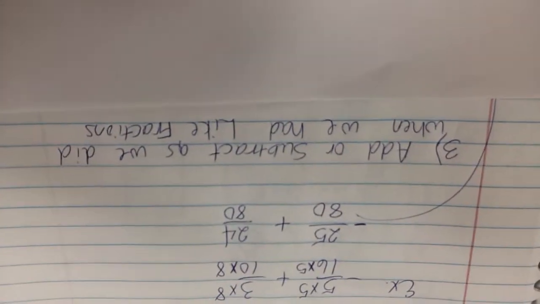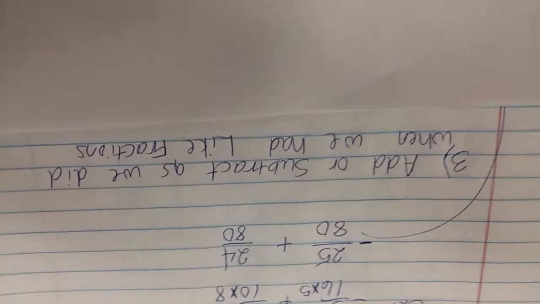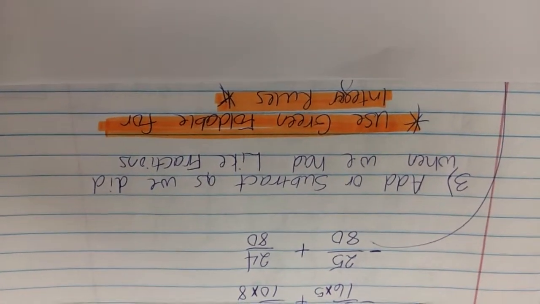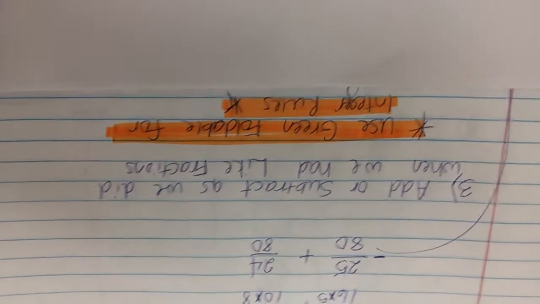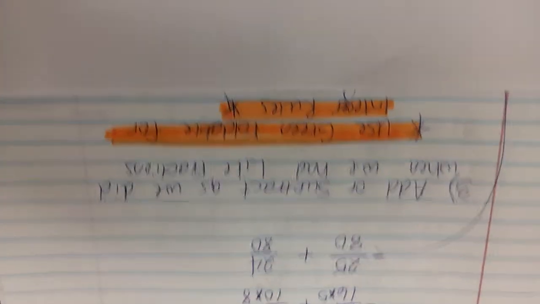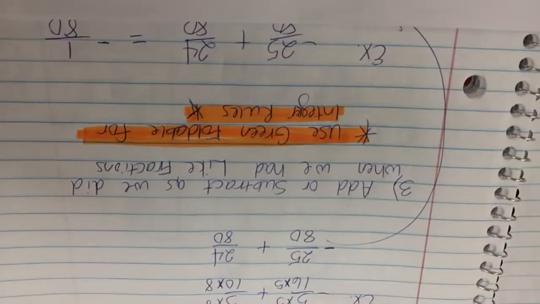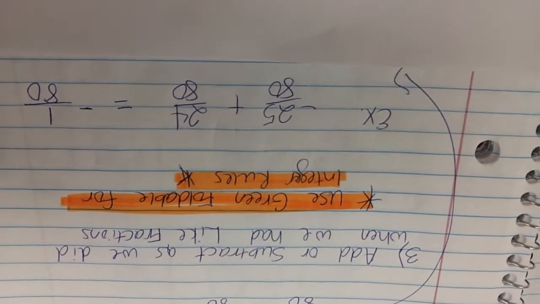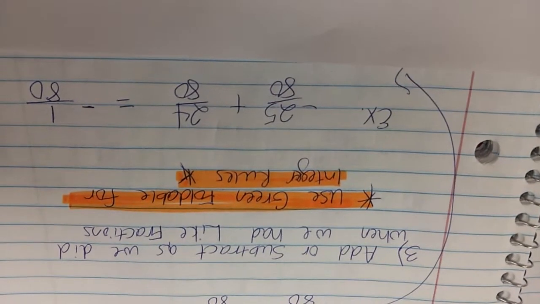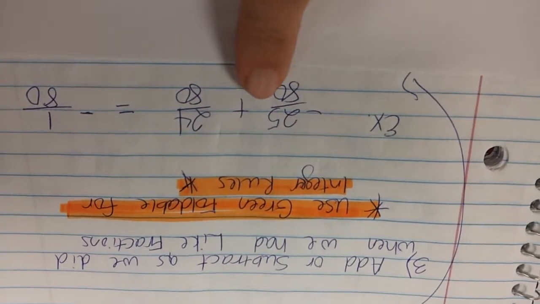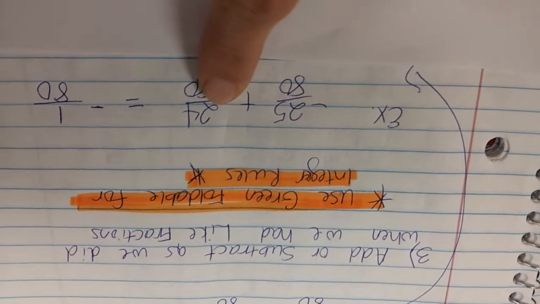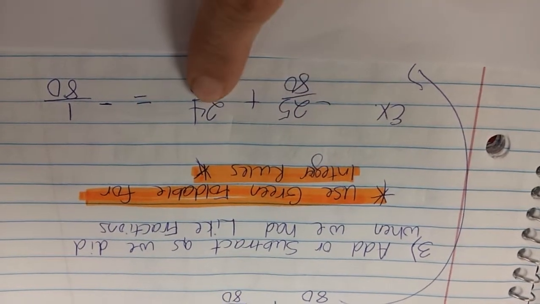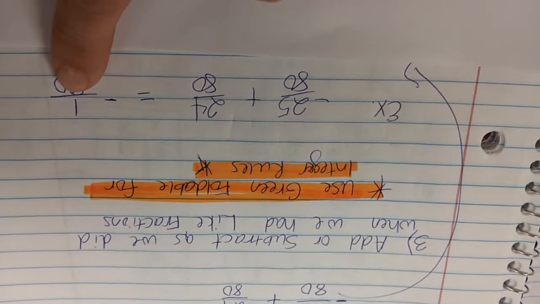Now we're just going to add or subtract as we did when we had like fractions on Monday. We have notes about that. We're going to use our green foldable for integer rules. Notice that I highlighted it. It must mean I think it's important, huh? All right, so now we've looked in our green foldable and we see that we have adding with different signs, which says we're going to subtract 25 minus 24, which is 1.